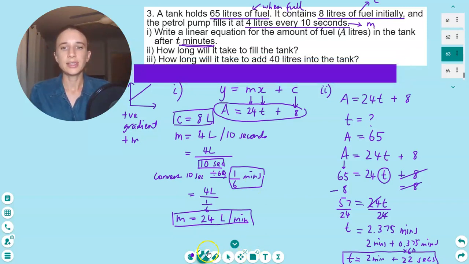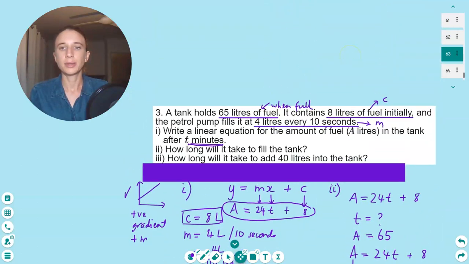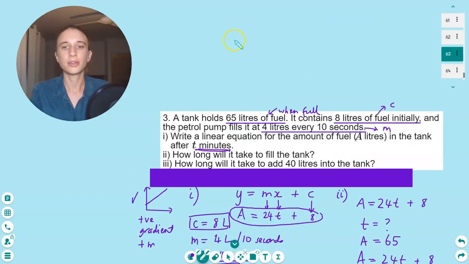And now it says, how long will it take to add 40 liters into the tank? So maybe we're going to do that one up here. Part 3, we've got our equation. Our equation is A equals 24t plus 8.